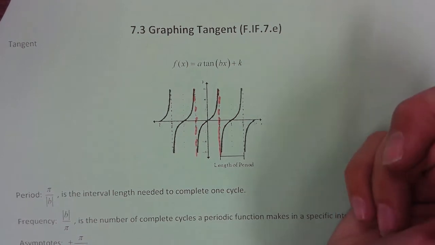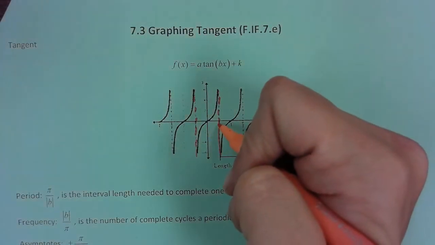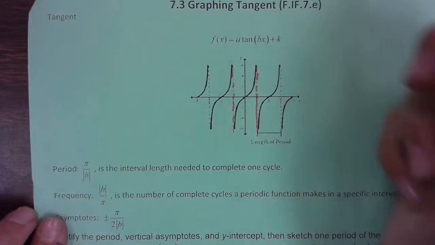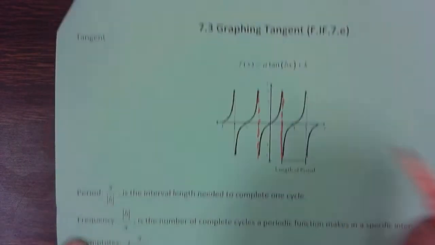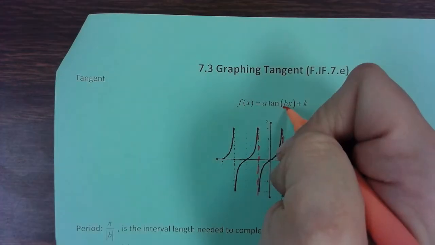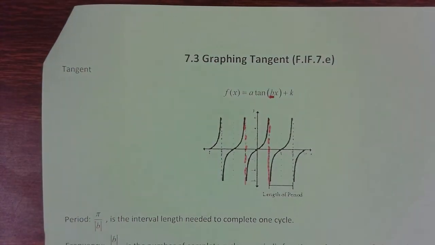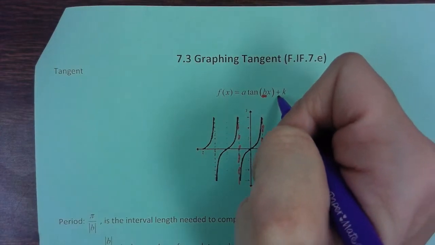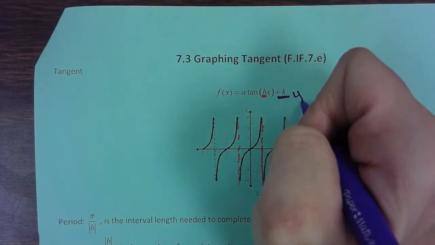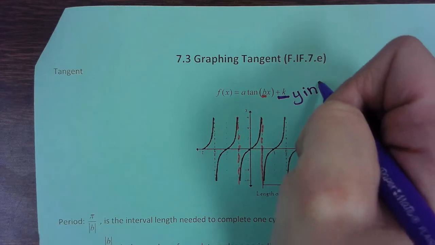Some of the things to point out is your asymptote will come from your period, okay? It is pi over b, so this helps you with your asymptote. And then instead of a midline, because remember a midline is a vertical shift, our vertical shift will be our y-intercept.